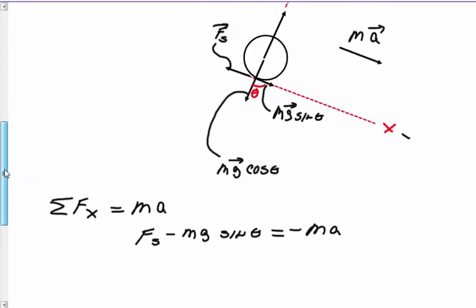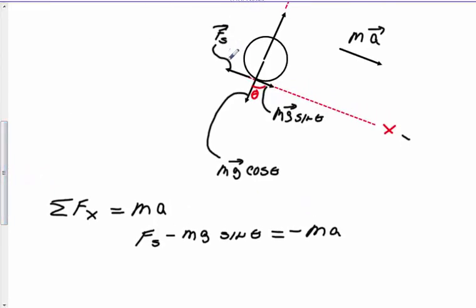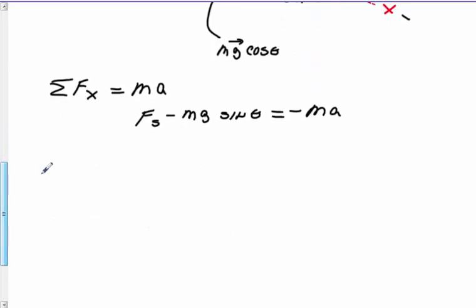Alright, at this point, let's talk about torque, because this static friction is creating a torque that's causing this basketball to rotate in this position there. We know in the study of torque that torque is equal to the moment of inertia times alpha, or the angular acceleration.